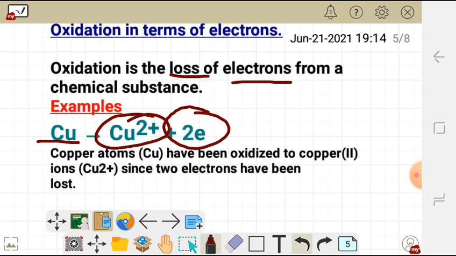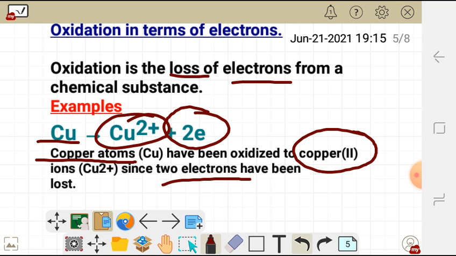This is a charged particle. We call it an ion. So copper atoms have been oxidized to copper 2 ions since 2 electrons have been lost. So oxidation in terms of electrons is the loss of electrons.